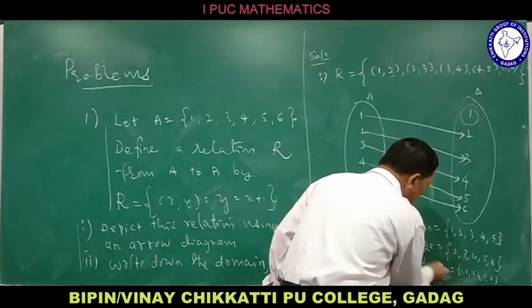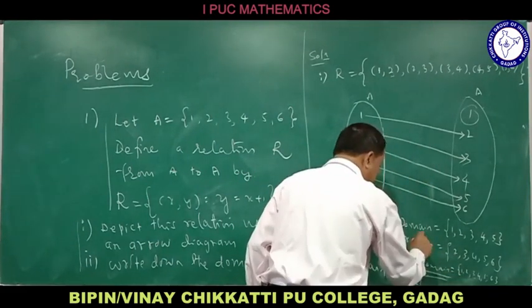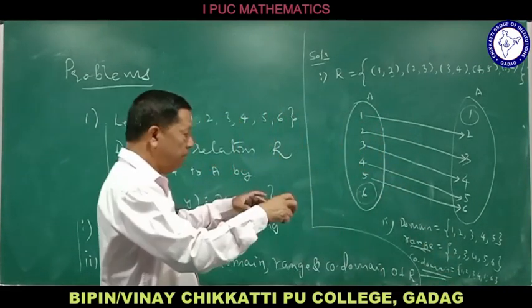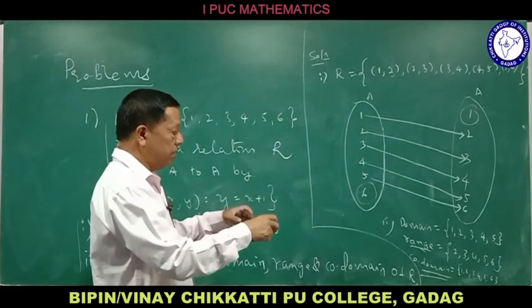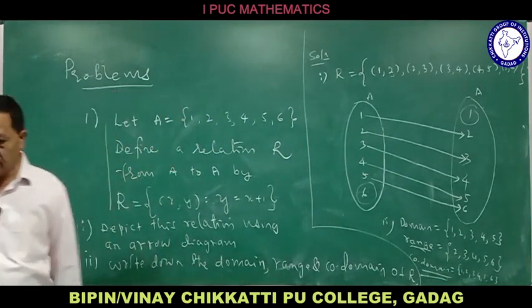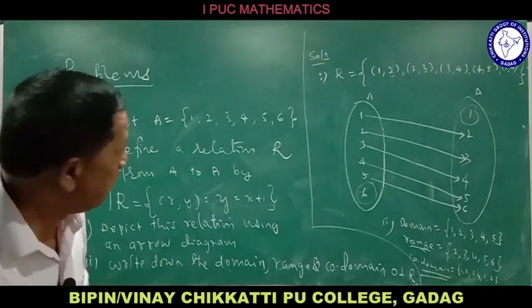Yes, codomain is not a subset of range, but range is a subset of codomain. All the elements of the range set are there in the codomain, so that it is called a subset. So this is the end of the problem which I have taken.